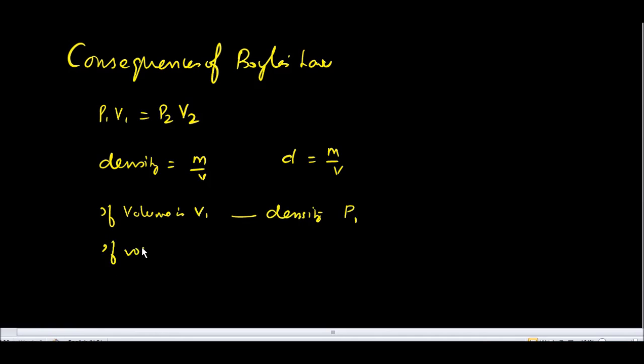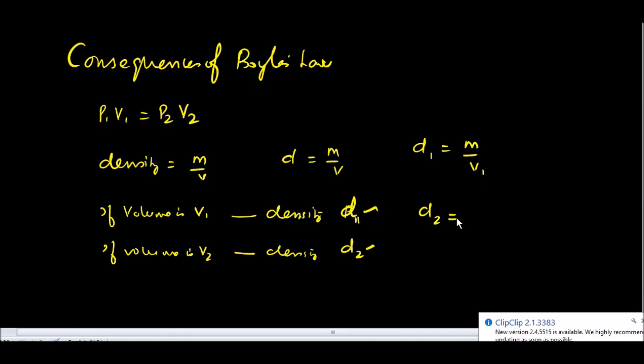Similarly, if the volume is V2, the corresponding density is D2. So I am calculating D1 equals M by V1 and D2 equals M by V2.